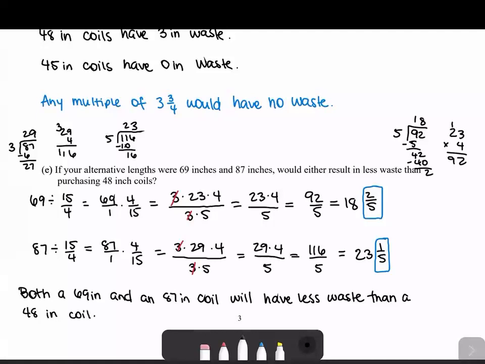And which one has the least amount? Well, comparing 4/5, 2/5, and 1/5, 1/5 is the smallest. So 87 inches has the least waste.